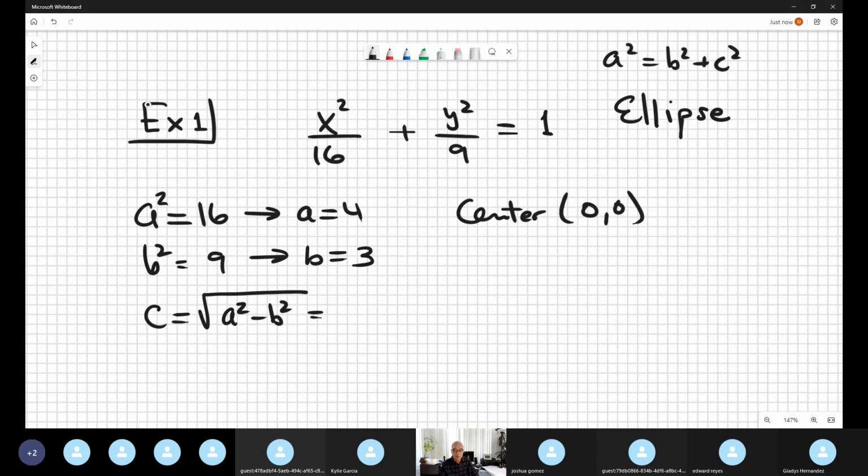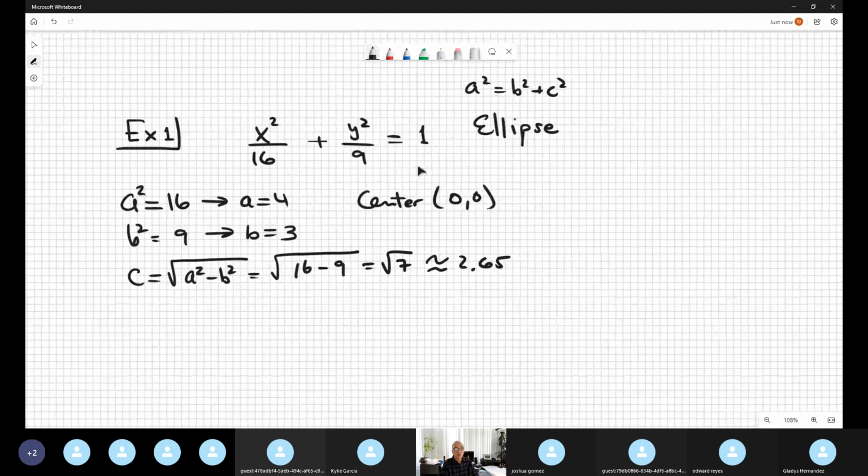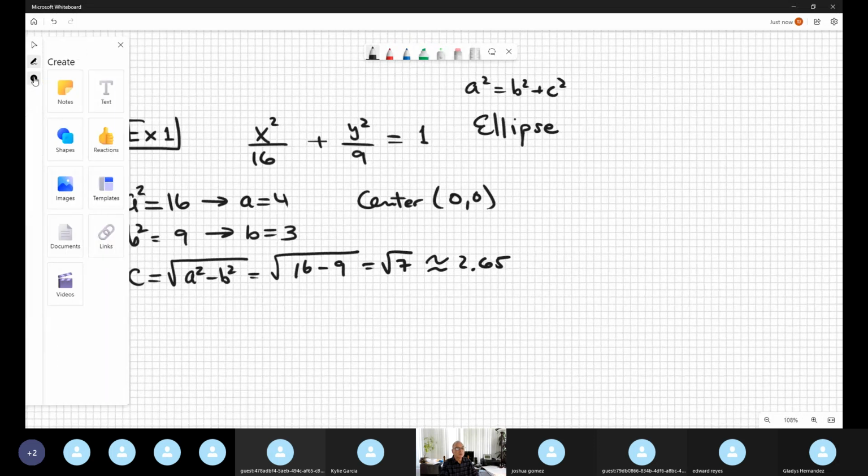So you isolate the c, you move b with subtraction, apply square root to both sides. In this case, it is 16 minus 9, okay, 7, so radical 7. Sometimes we have an irrational solution, but you put 2.65, which gets the decimal approximation. Okay, with this information, we are ready to do the sketch of this.